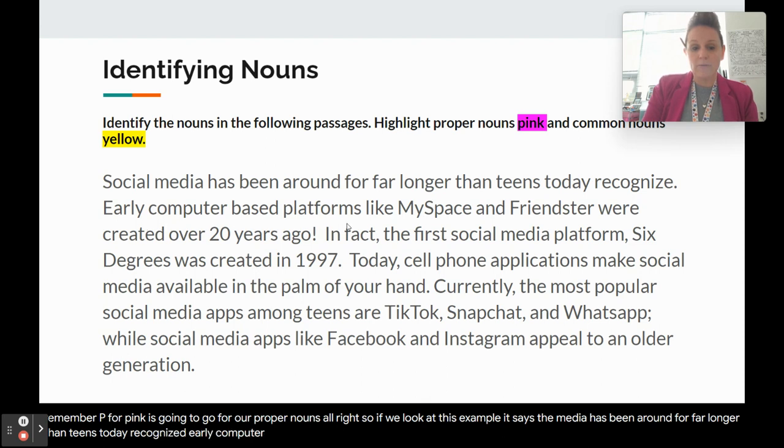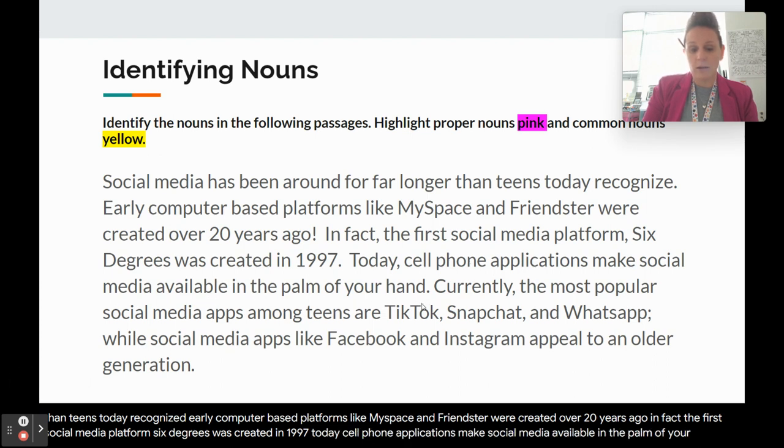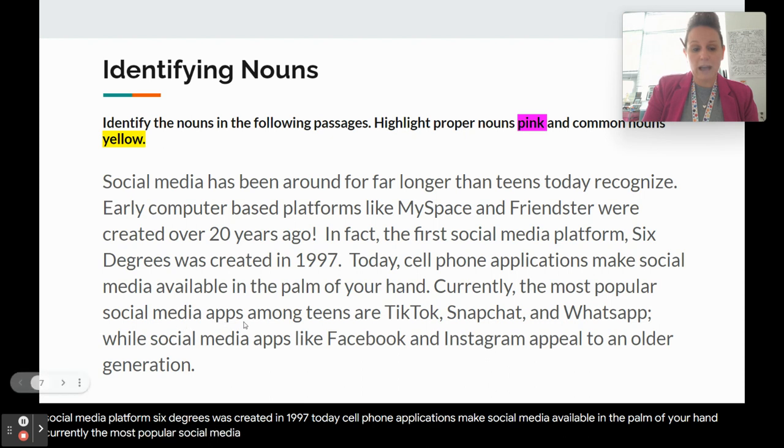Early computer-based platforms like MySpace and Friendster were created over 20 years ago. In fact, the first social media platform, 6 Degrees, was created in 1997. Today, cell phone applications make social media available in the palm of your hand. Currently, the most popular social media apps among teens are TikTok, Snapchat, and WhatsApp, while social media apps like Facebook and Instagram appeal to an older generation.